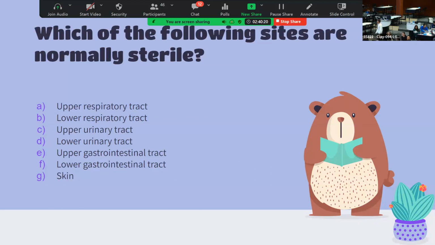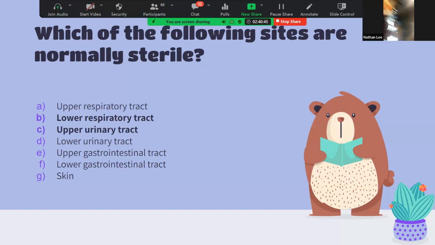All right, next one. Which of these sites are normally sterile? We'll go over to the far table here, the big table. Oh, you guys can do these questions as well. Just keep it in your head. So yes, BC.